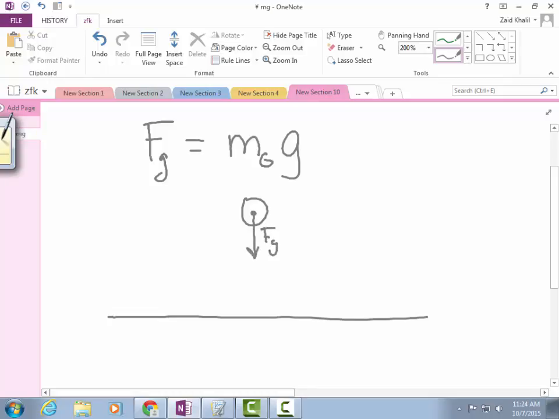And then what do you do? That free body diagram you put into Newton's second law. Which side of Newton's second law? To the left side. You have net F equals ma. Right? What's the net force? Negative Fg. Why is it negative? Because down is negative. And that's equal to m times a.